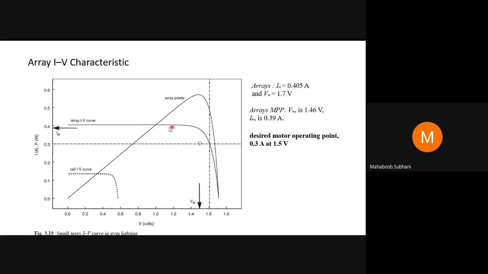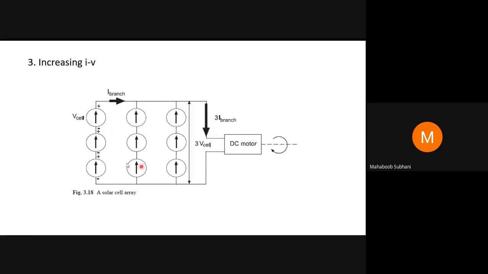This is the array IV curve, and this is the array power curve. To compare with the array IV curve, we have a single cell IV curve. The array means the cluster of all the cells combined. Each and every cell has different characteristics.